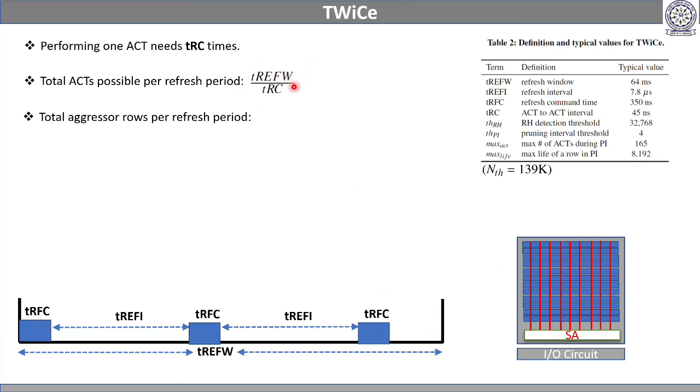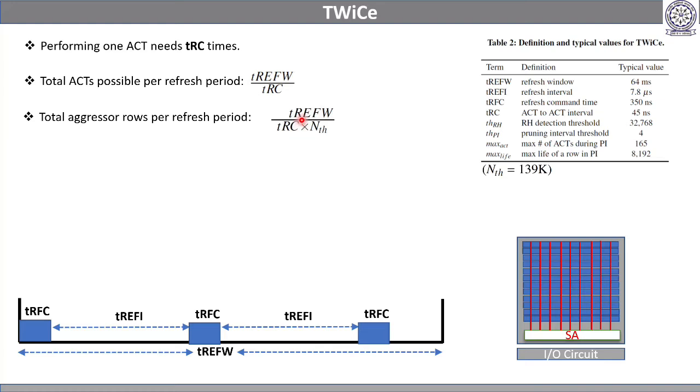So this is limited. Now, the total aggressor rows per refresh period, can you count this? To count the total aggressor rows, we can divide this by another parameter called NTH. If we divide this by NTH, then we can find the total aggressor rows. What is this NTH?